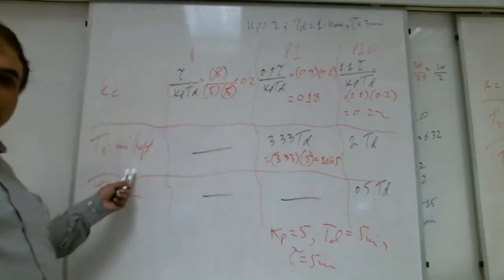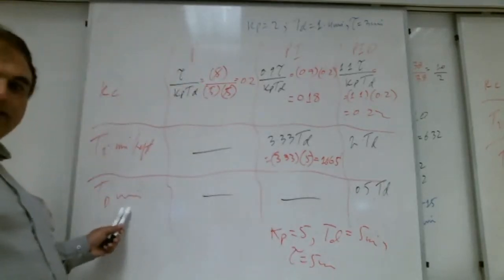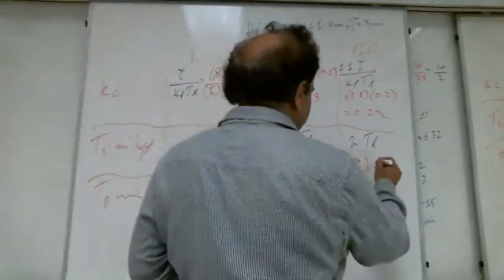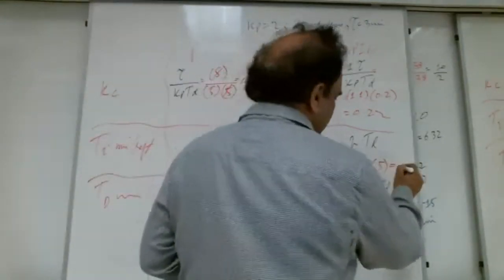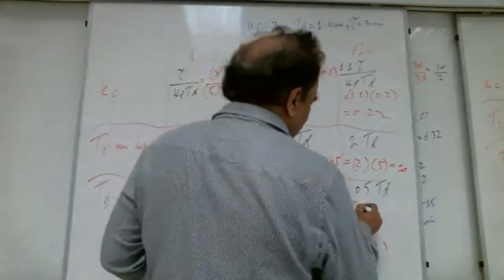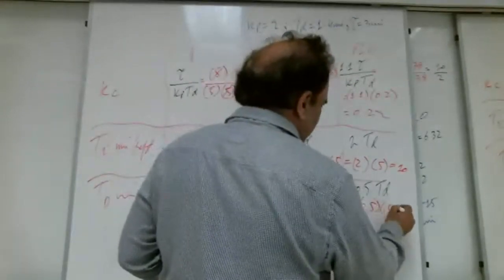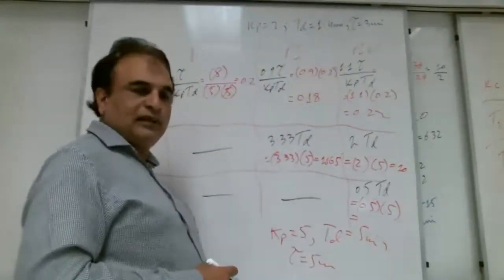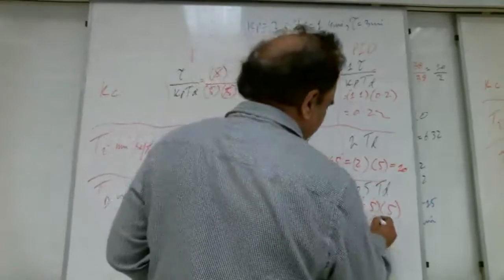Units are already there. 2 into TD 5 is 10. Very good. 0.5 into 5, how much? 2.5. Very good.